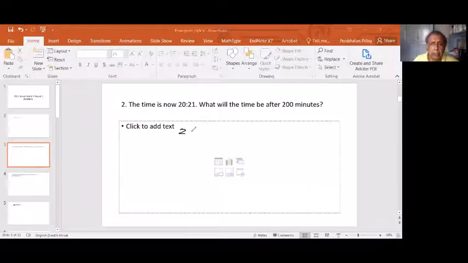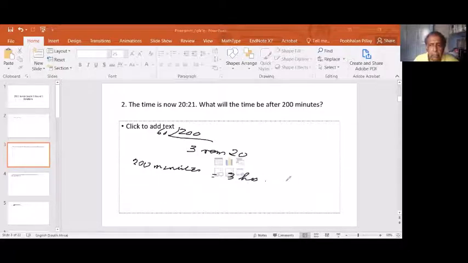So when you divide to see how many 60s there are in 200, now 3 60s makes 180, and the remainder is 20. So this means that 200 minutes is the same as 3 hours and 20 minutes.